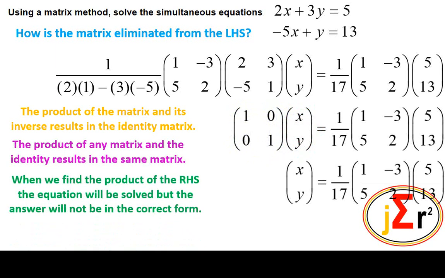When we find the product of the right-hand side, the equation will be solved, but the answer will not be in the correct form. We will go ahead and find the product of the right-hand side. That we will do on the next slide.